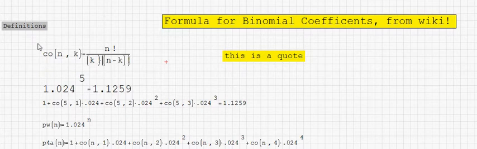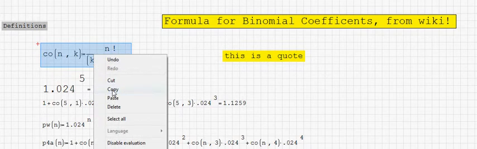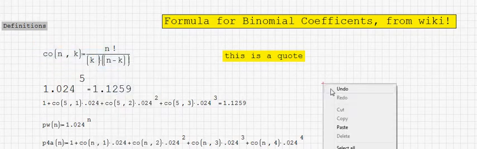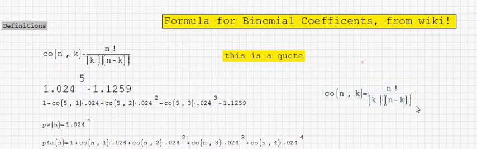It also works a little bit like a word processor, where you can highlight things and then copy, and then you can click over here and paste it, and then I can work on this copy over here so that if I make a mistake, it doesn't really matter.